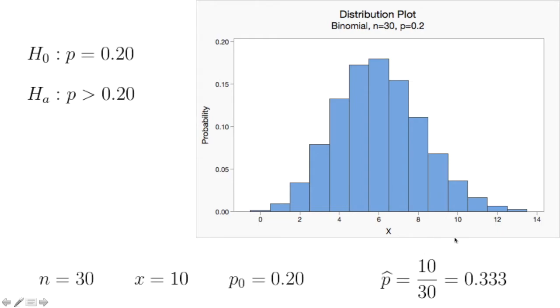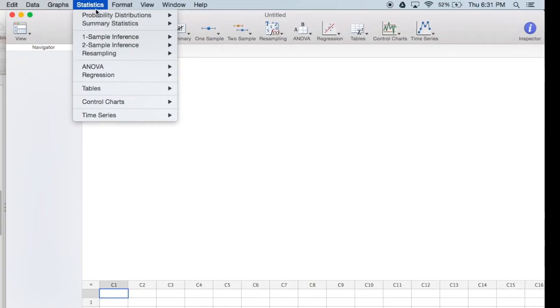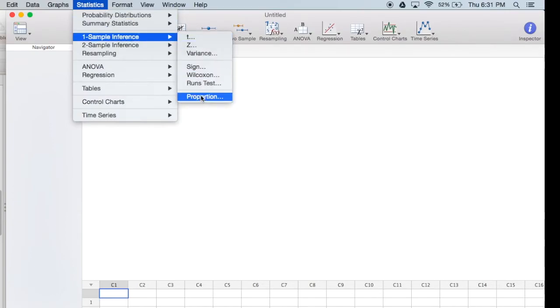In other words, the area where x equals 10 or higher, which would be this area here. But Minitab Express will compute this value for us if we conduct a one sample proportion test. So I'm going to go over to Minitab Express now to conduct that test. This is a one sample proportion test.